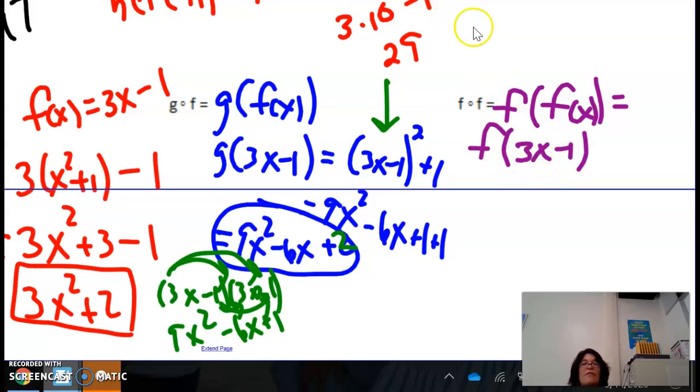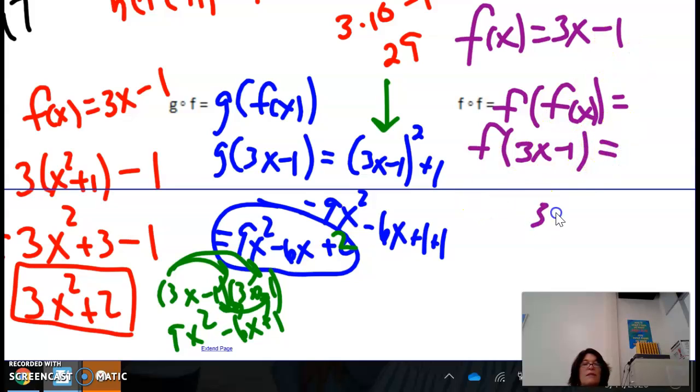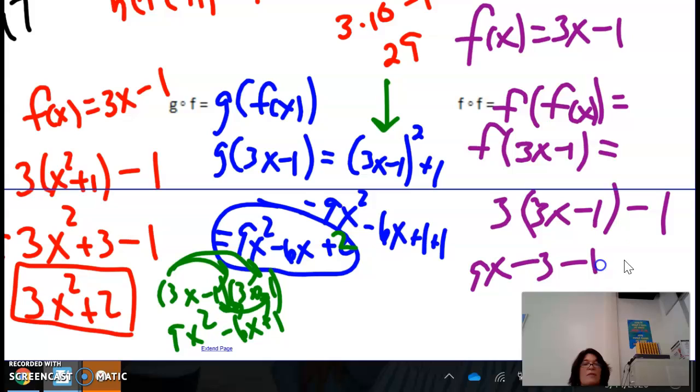Well, let's see, the f function told me to take what's in the parentheses, multiply it by 3 and subtract 1. So I'm going to take what's in the parentheses, multiply it by 3, and subtract 1. That's f of f of x. So that's 9x minus 3 minus 1, which is 9x minus 4. That's what f of f of x is.